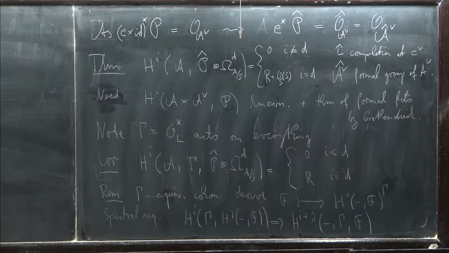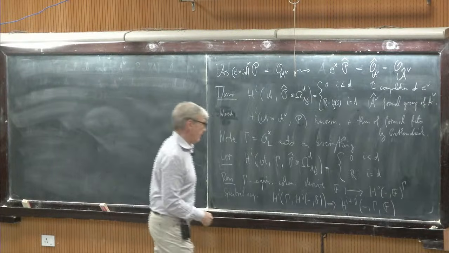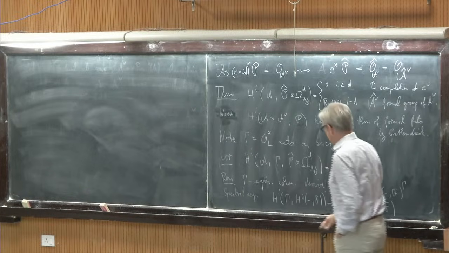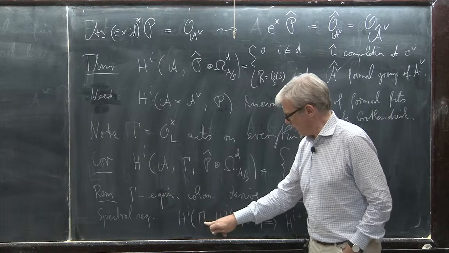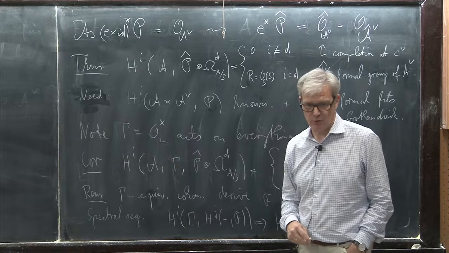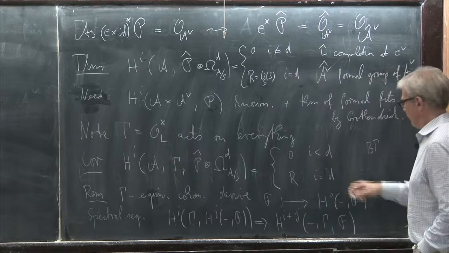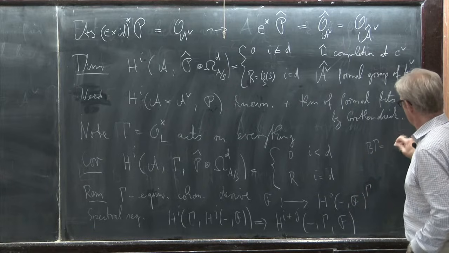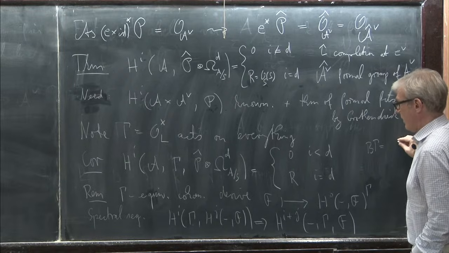Yes, in a certain sense, this is what you need. If your group is nice enough, then you can always compute the group cohomology by looking at the singular cohomology of the classifying space of the group. And for the classifying space B gamma, in the case of the units, you have to be a little bit careful here.